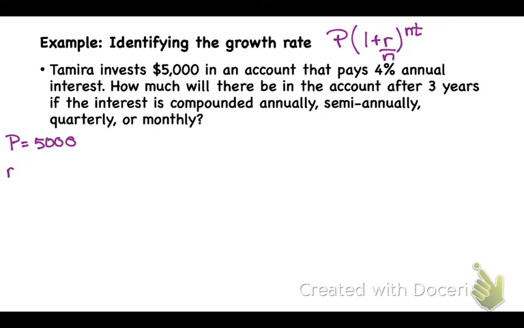R is 0.04. Time, T, is 3. And then I'm going to change my N, right? Okay, so annually my N is 1.